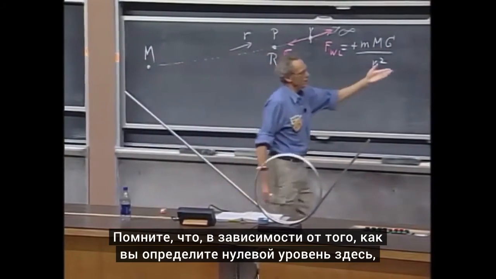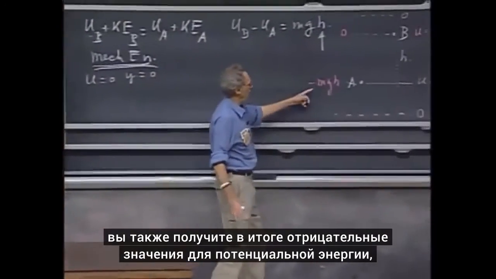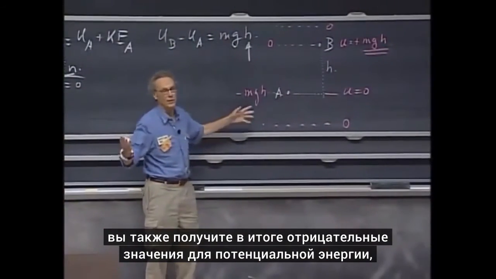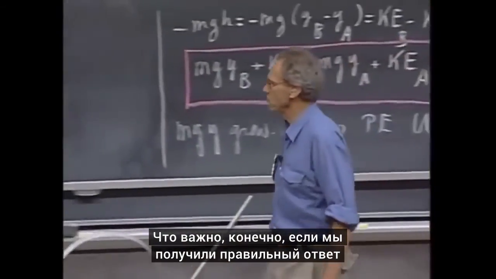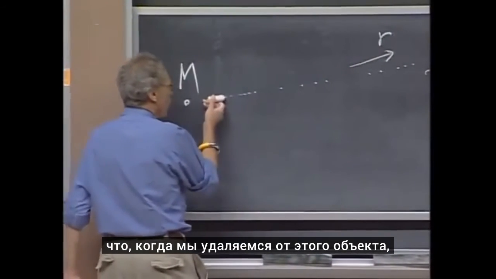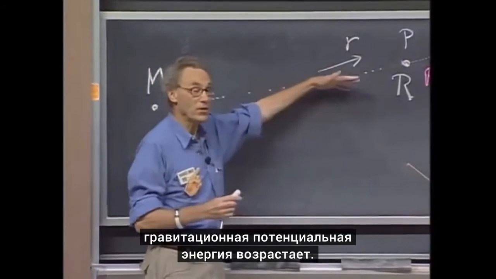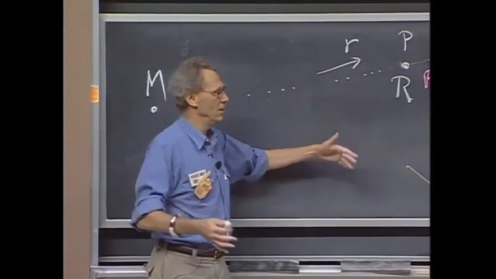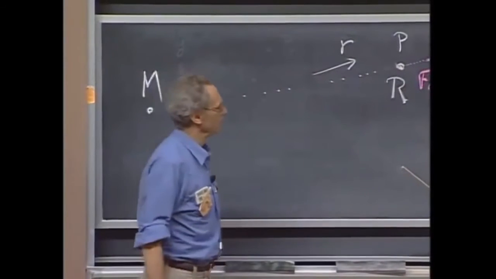Remember that depending upon how you define your zero level here, you also end up with negative values for potential energy. So there's nothing sacred about that. What is important, of course, is that we get the right answer, that when we move away from this object, the gravitational potential energy increases. That's all that matters. But whether it is negative or positive is irrelevant.